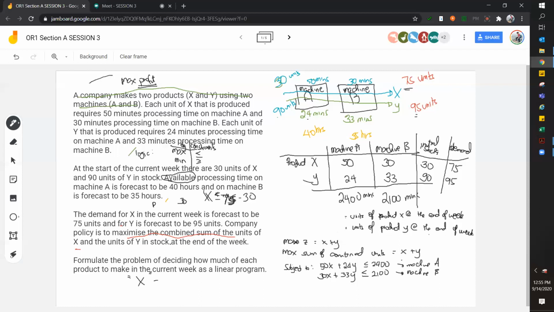If I termed X as number of items to produce, parang nangangailangan ako ng 30 plus X, di ba? So X yung aking ipoproduce should support 75 units. Tama ba? Or mali?